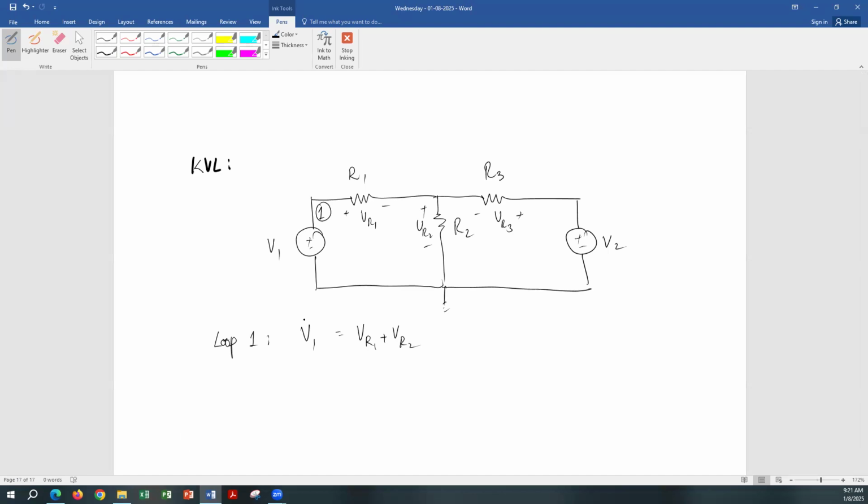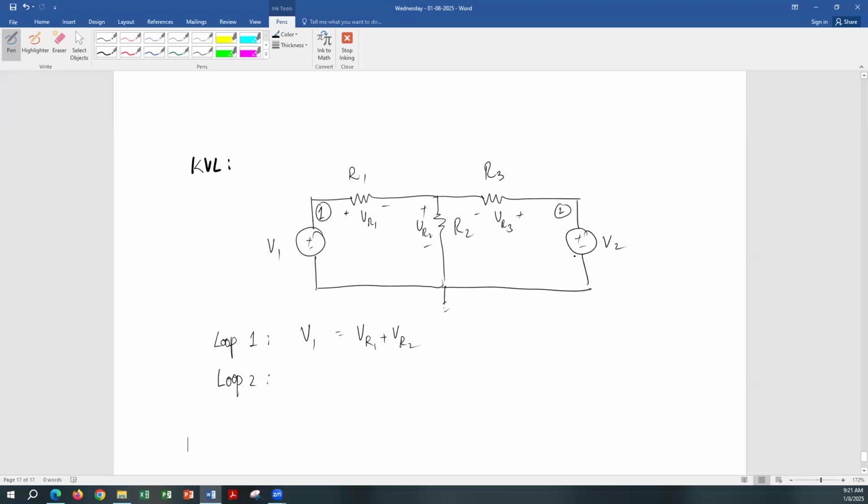You can choose whichever direction you want to go, and then sum up all the voltages in that direction, and they should be equal to 0. Similarly for the second loop, you can go either clockwise or counterclockwise. It does not matter.